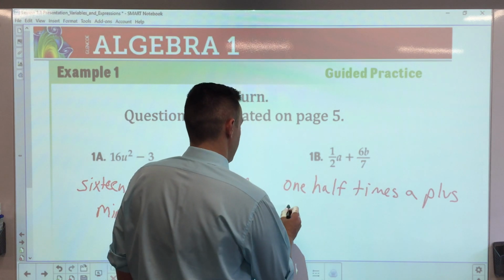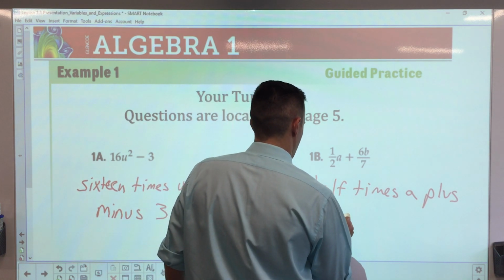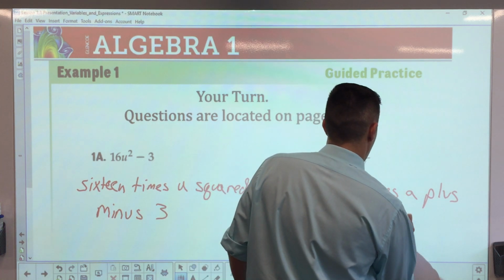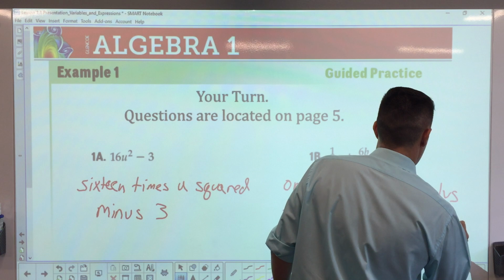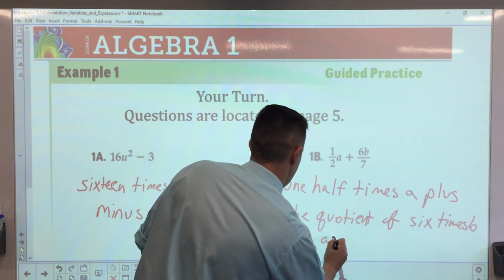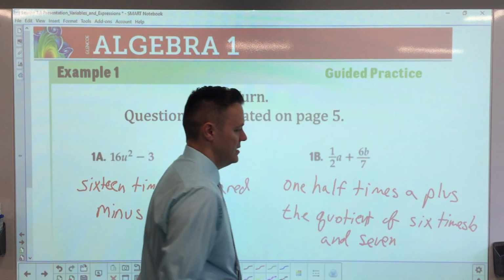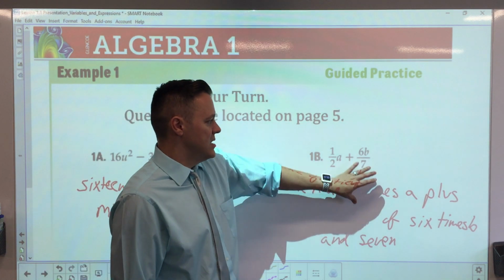So let me write that one down because I know that one's kind of probably hard to understand. The quotient, let's see if I spell it right, of 6 times b and 7. How about that?